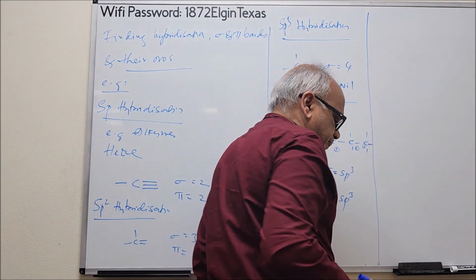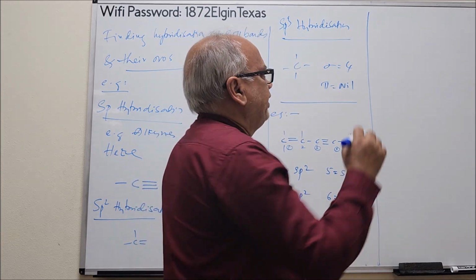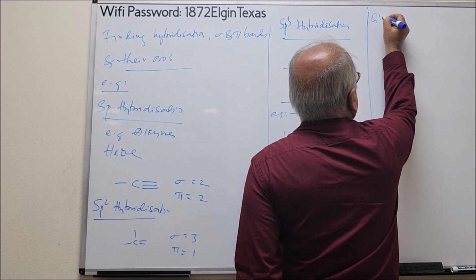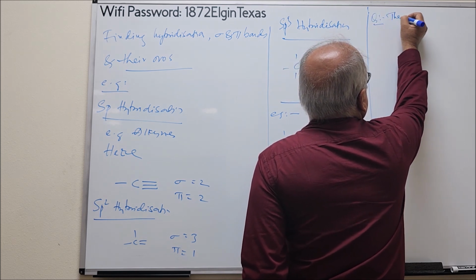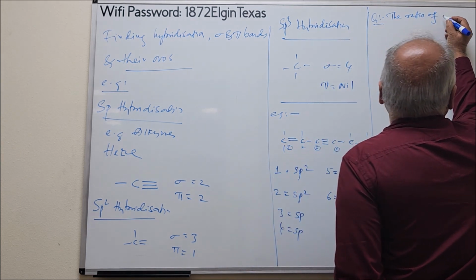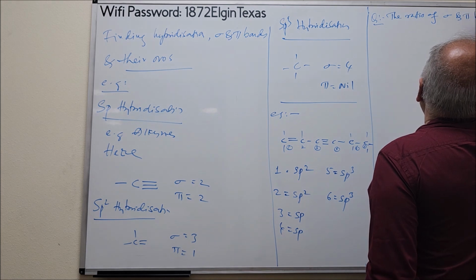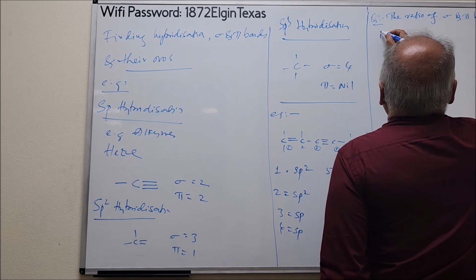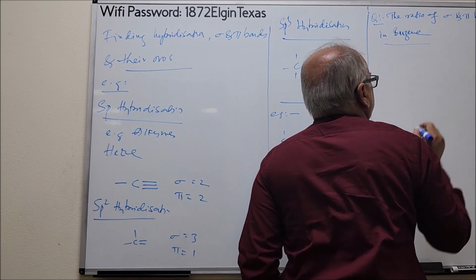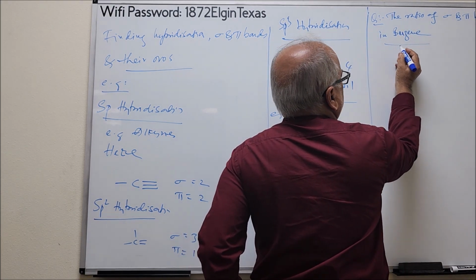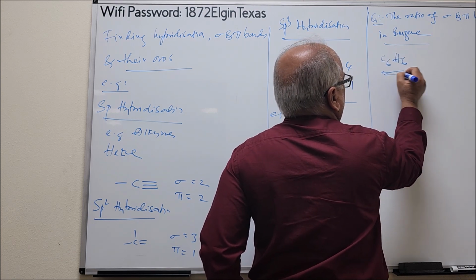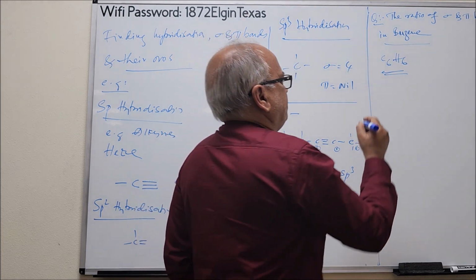Now, I would like to take an example here as a question or a problem. The ratio of sigma and pi bonds in benzene. The molecular formula of benzene is C6H6.